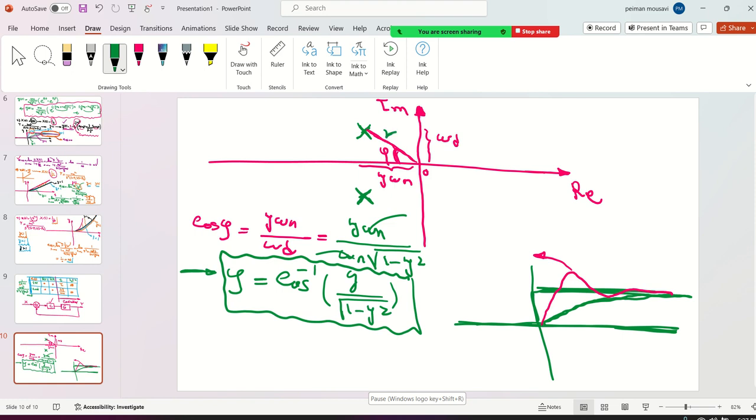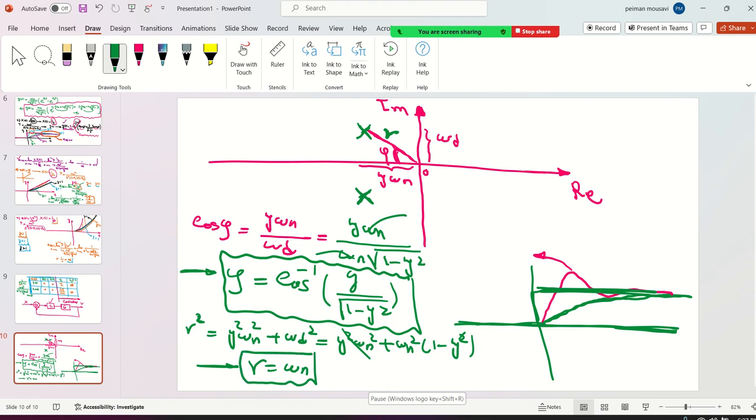And this radius r can be calculated as what? As high school: zeta omega n square plus omega d square. Omega d square is omega n square times 1 minus zeta square. This with this goes away, so that radius is going to be natural frequency.